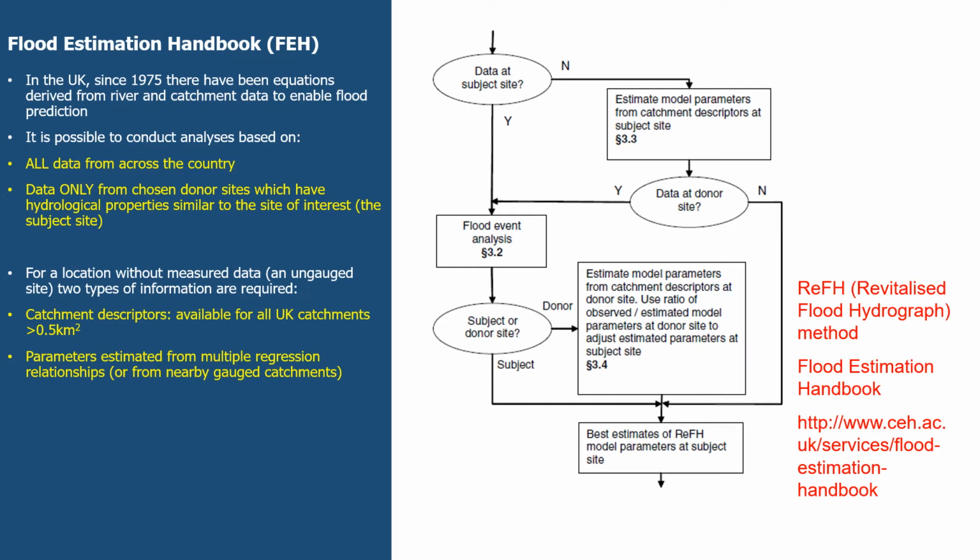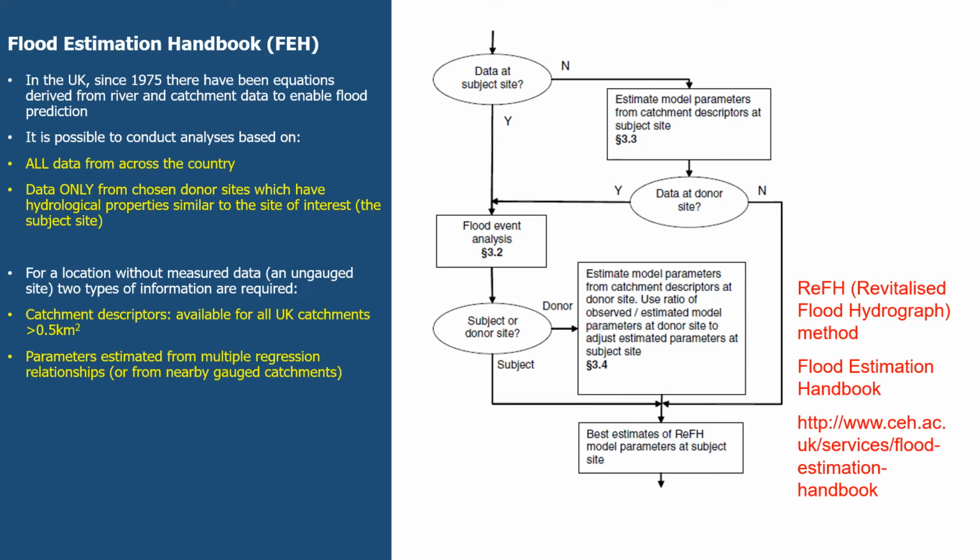If we don't have data at a site, it's what we call an ungauged site. We can download data, catchment descriptors, available for any catchment over half a square kilometre. This will be elevation, gradient, land use, soil properties, and other factors.